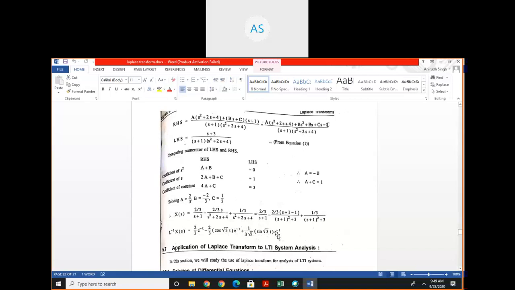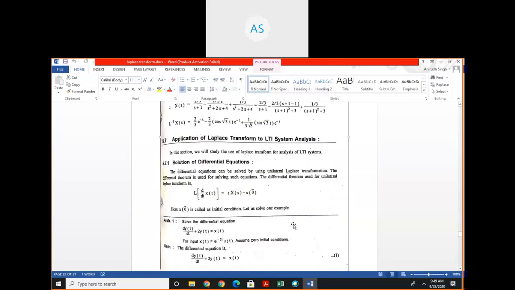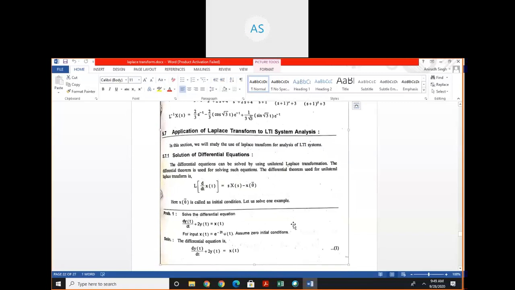By solving these three equations, we get the value of a equal to 2 by 3, b equal to minus 2 by 3, and c equal to 1 by 3. So we write x of s like that.